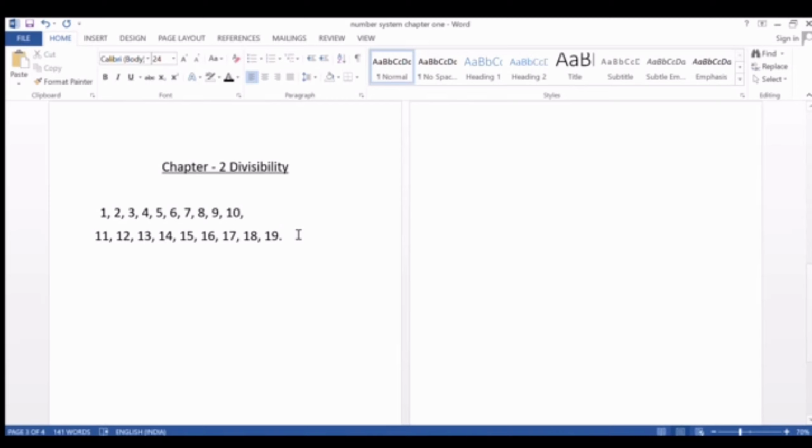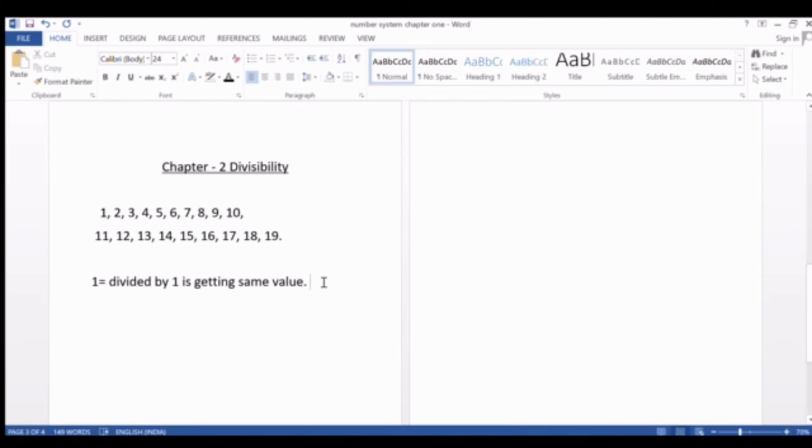Okay, let's start now. Everyone knows one is divisible by 1. It gives only 1. If any number is divided by 1, we get the same value, right? On to the next number, which is 2.